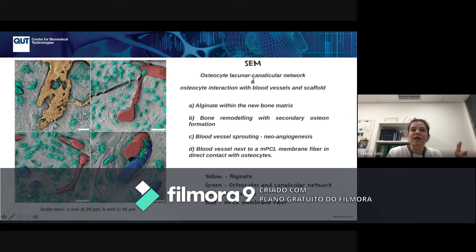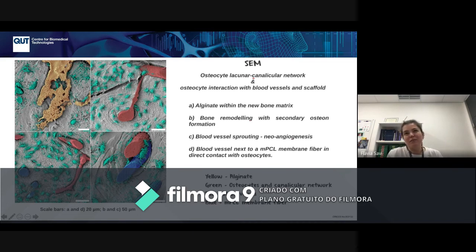Can you see that the geometry of the scaffold is very similar to the size of the blood vessel? Maybe the cells here are confused and they are thinking that this fiber is a blood vessel, so they are attaching to it.